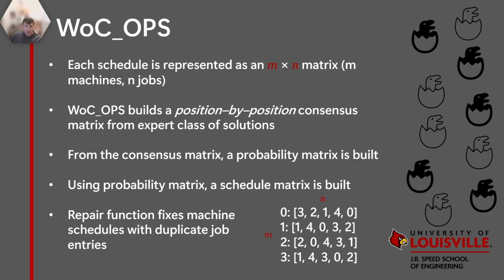So we're basically matching position by position consensus. We built a probability matrix, and then used the probability matrix to place each operation on a machine schedule. That often led to machine schedules going through the same operation twice, so we had to have a repair function to clean those up.